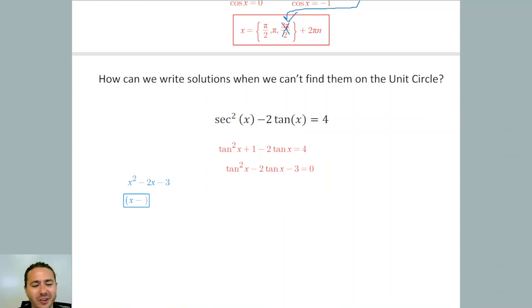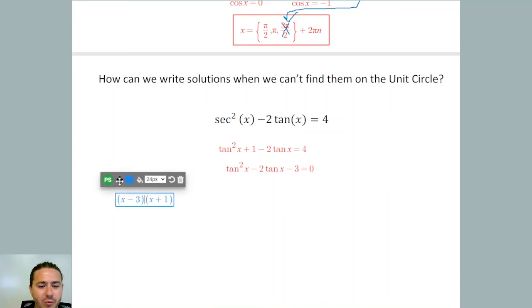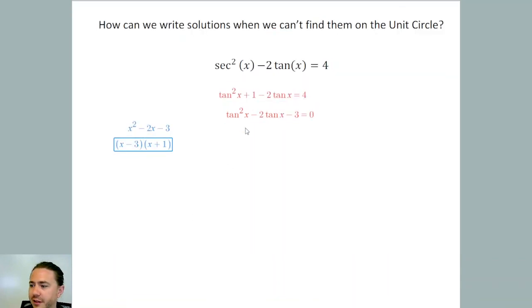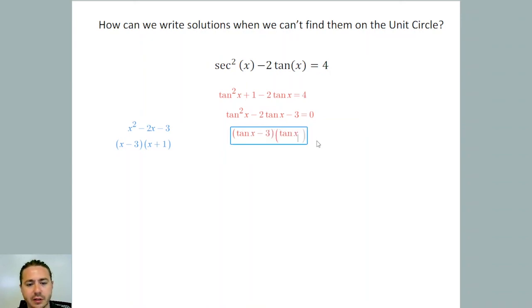Yeah, you can come in, no worries. So anyway, that's how that would factor. And so we need to factor this in the same way. Here we go. So we get tangent x minus 3 and tangent x plus 1 equals 0.